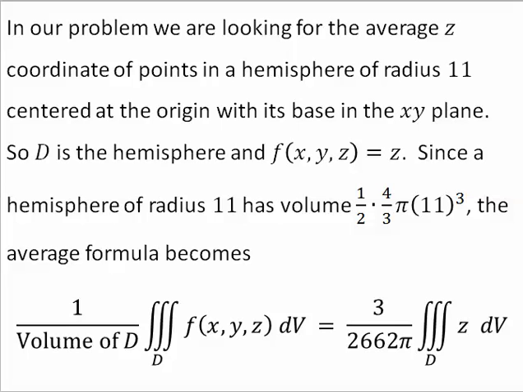Since a hemisphere of radius 11 has volume 1/2 times 4/3 pi 11 cubed, the average formula becomes 3 over 2,662 pi times the integral of z over the region D.